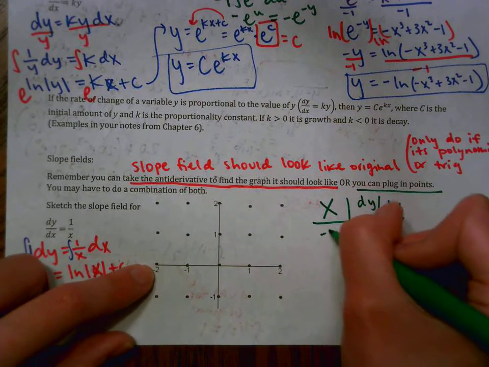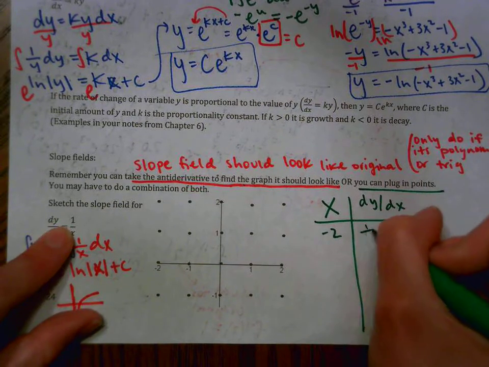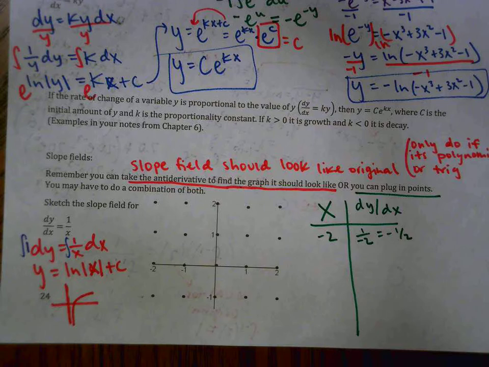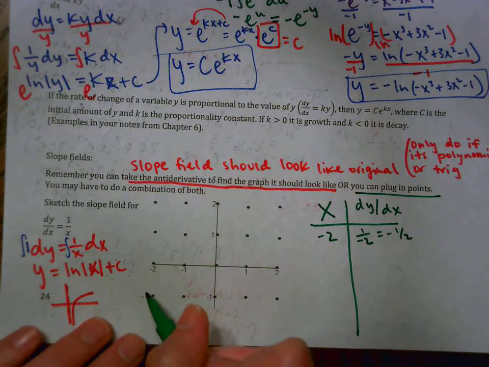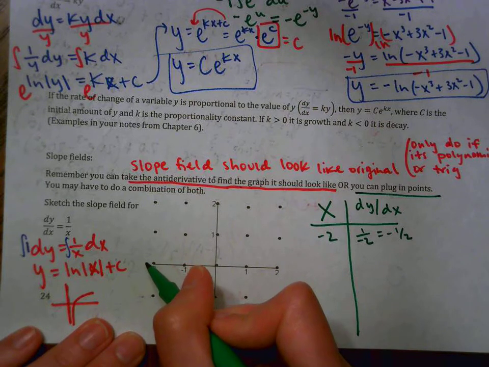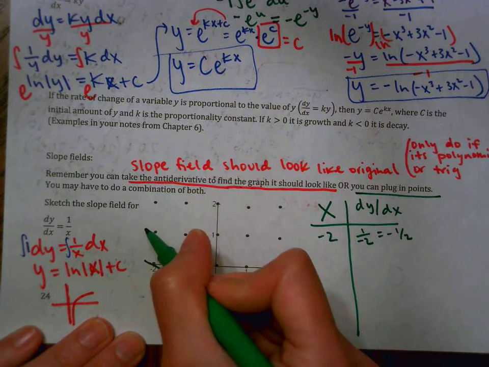So I'll start at -2. When I plug in -2, that's 1 over -2, so -1/2. So I'm going to draw a slope of -1/2. And again, we know -1 should connect these two dots, so a little less steep.